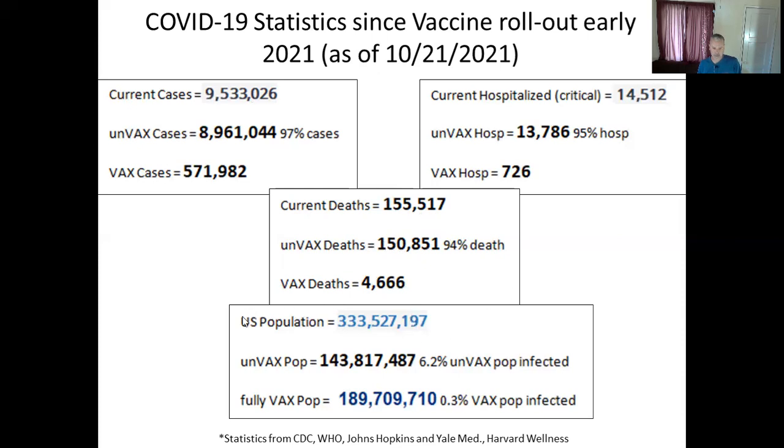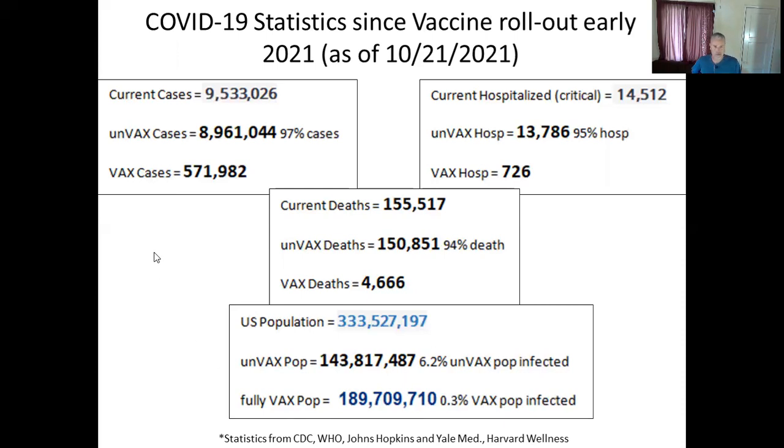And just in case we need to utilize the US population statistics we have here, we're looking at also the vaccination statistics versus non-vaccination statistics. We only consider the fully vaccinated population because the partially vaccinated population does not count. People think that it does, but it doesn't. You have to be fully vaccinated for the vaccine to have its effect.